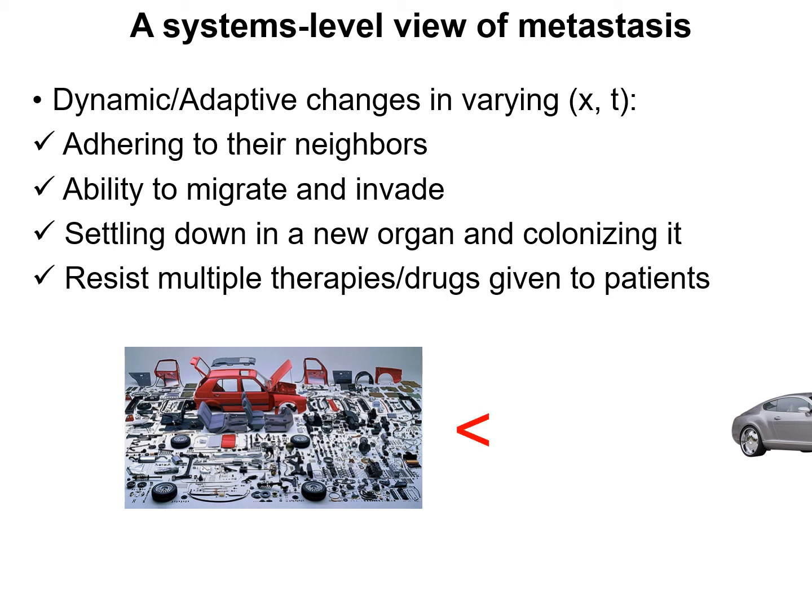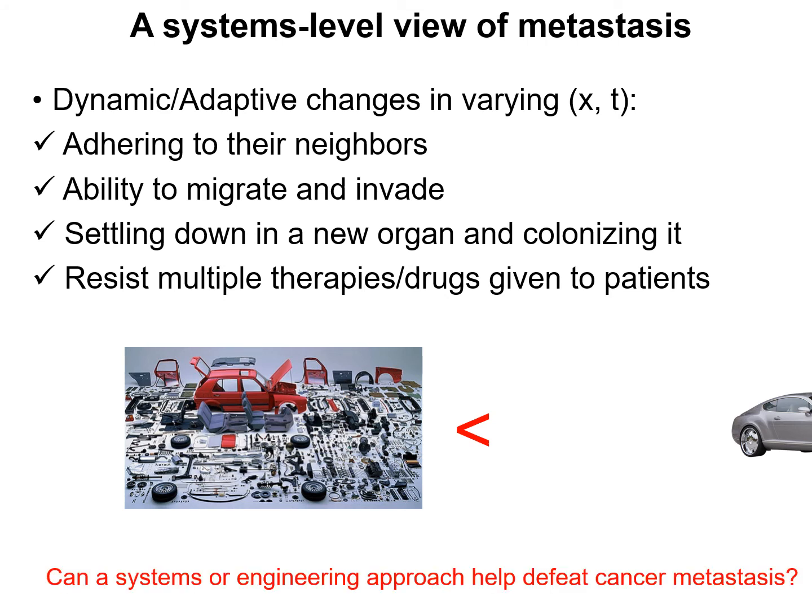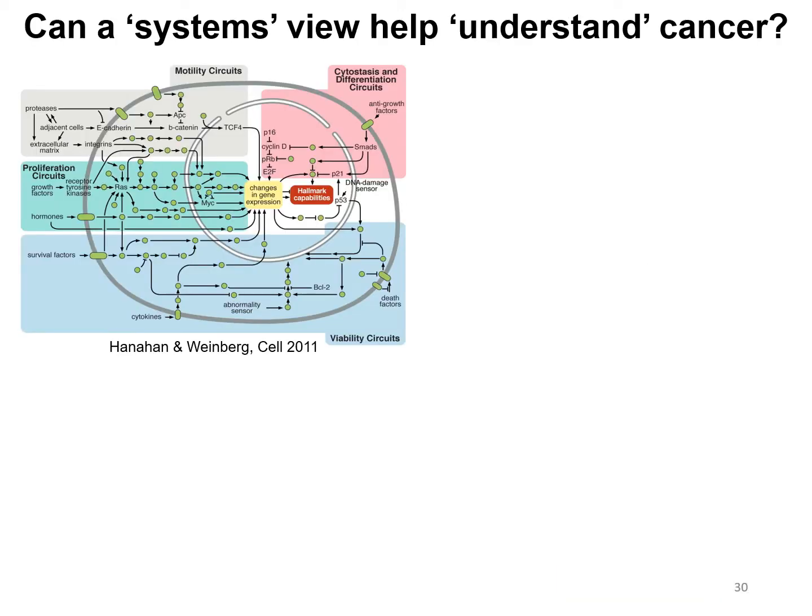So again, the philosophy of the systems approach is that the whole is greater than the sum of its parts, which is called an emergent phenomenon. So again, a systems approach helps understand and eventually defeat this process of metastasis.